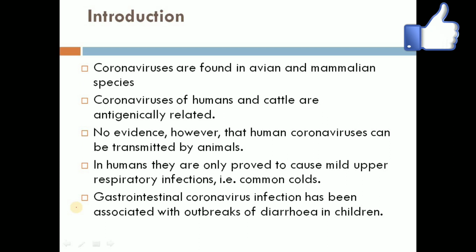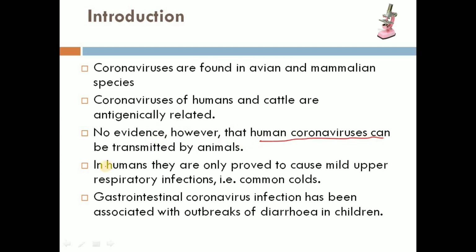Studies show the coronaviruses of humans and cattle are antigenically related, but there is no evidence that human coronavirus can be transmitted by animals. This is a very important point to remember: there is no evidence till now.